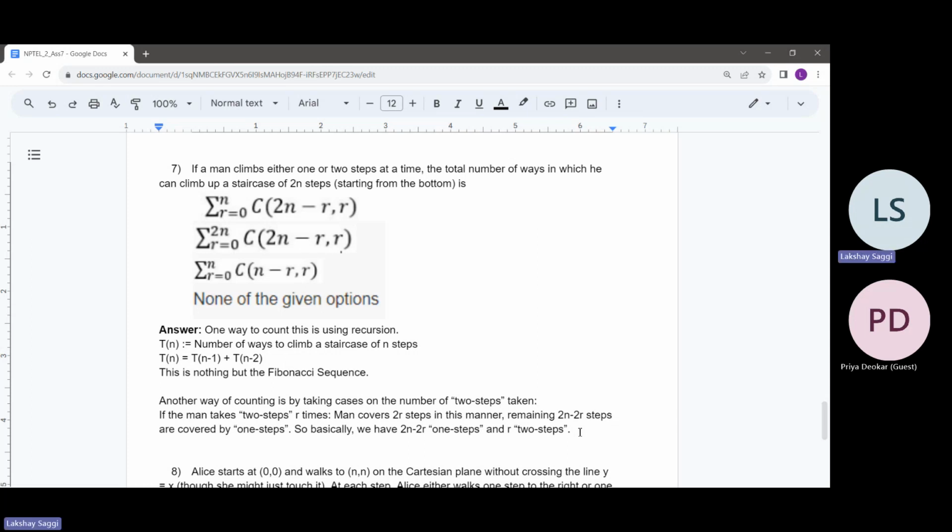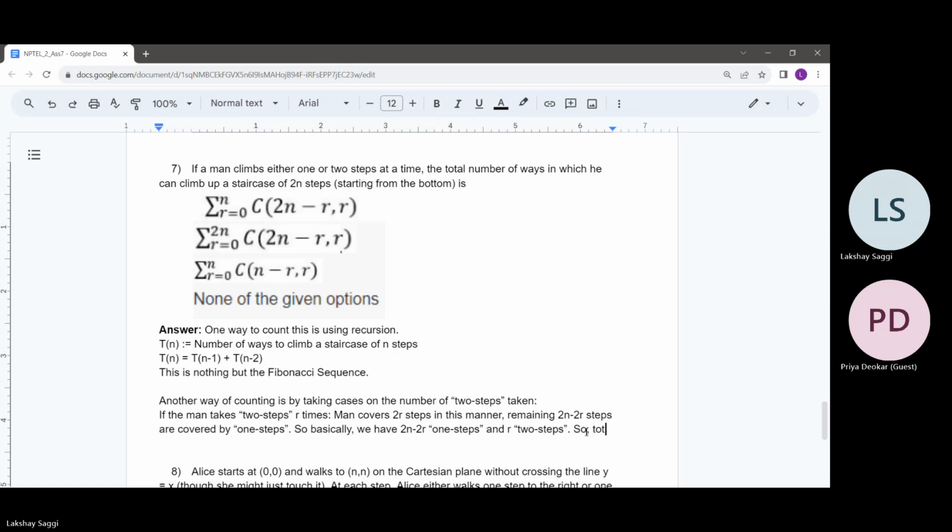We just know that there will be r two steps and 2n minus 2r one steps, but these can be permuted in any way. Like the man can first take a one step, then a two step, then a one step again, and so on. But the total number of two steps will be r, and the total number of one steps will be 2n minus 2r.